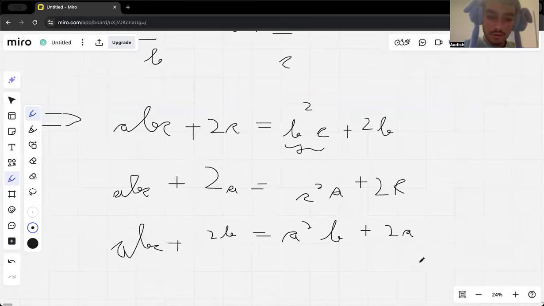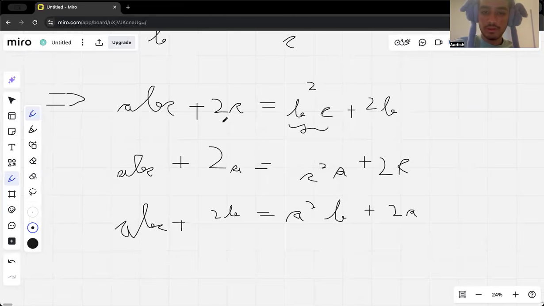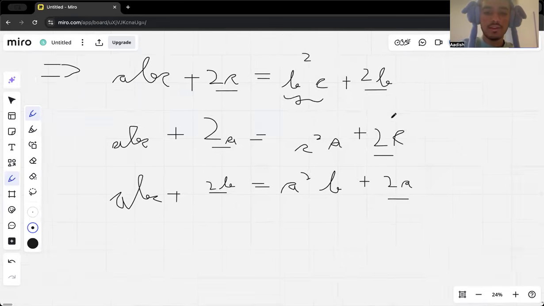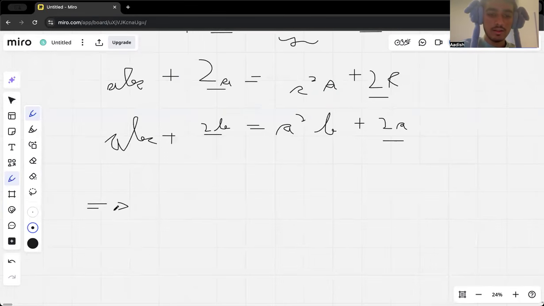So if you add all of these up, you see 2c, 2c, 2a, 2a, 2b, 2b. So these will cancel and you will get 3abc equal some cyclic sum. Oh God, my handwriting sucks.